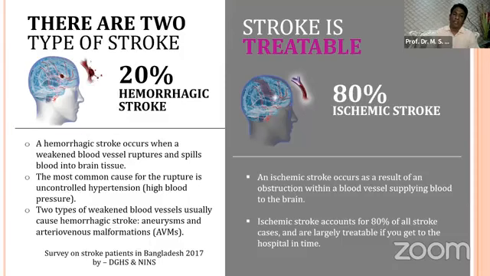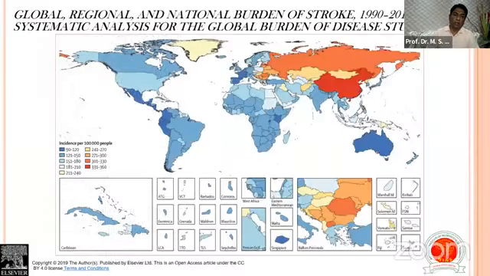20% hemorrhagic stroke and 80% ischemic stroke, and the global, regional and national burden of stroke. We know that the incidence of stroke is increasing day by day in the world, and in Russia and China we can see a very high incidence of stroke.